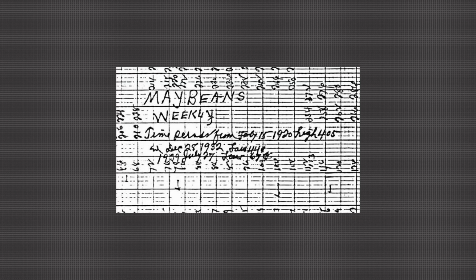What you would want to do is go back and see why those 2 points were so important that they had this position in the chart. And why are you running time periods from the February 15th, 1920 high of 405?